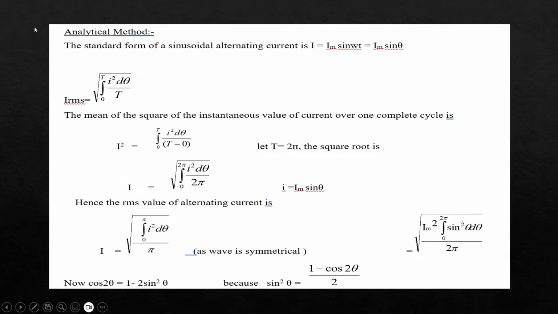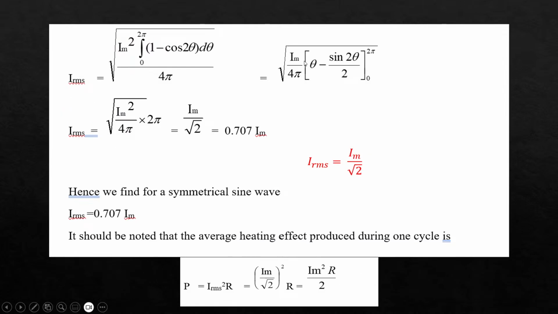This is I m square, this is not 2, it is square. So there's no extra 2 there actually. So this is just I m square.